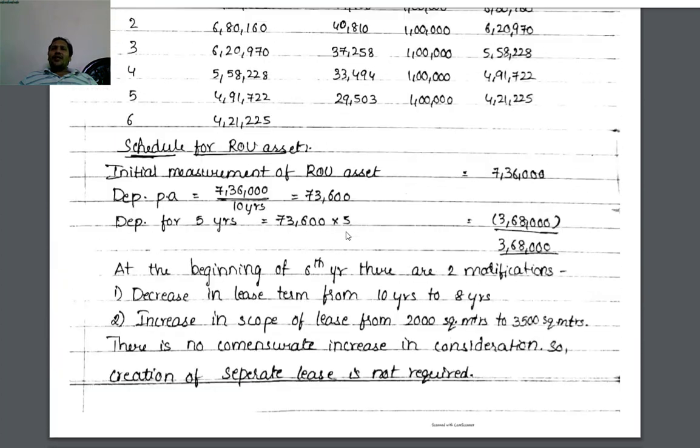Now ROU asset simple calculation. 3,68,000 balance is there for right of use of asset. This is for remaining 5 years. Now for 3 years how much? Proportionately you can calculate. 3,68,000 into 3 by 5. For 3 years 2,20,800.